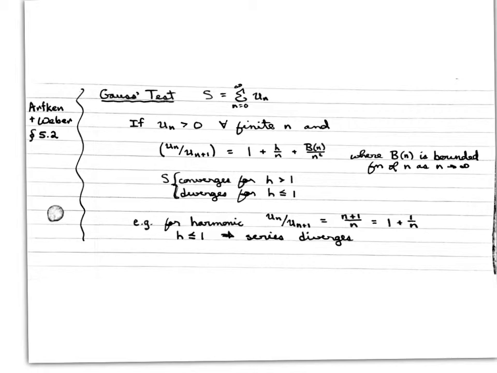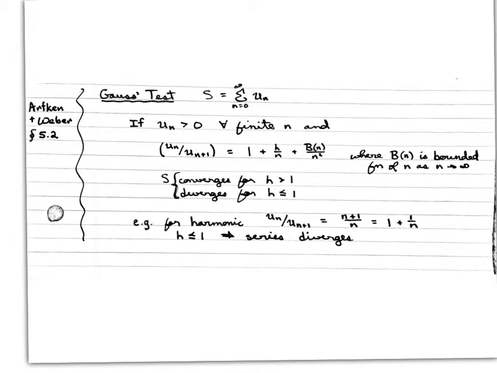So it applies if each term in the series, u sub n, is positive, for all finite n at least. And also if the ratio of the current term over the next term can be written in the following form: 1 plus some number h divided by n plus a function b of n divided by n squared, where b is a bounded function of n as n goes to infinity.